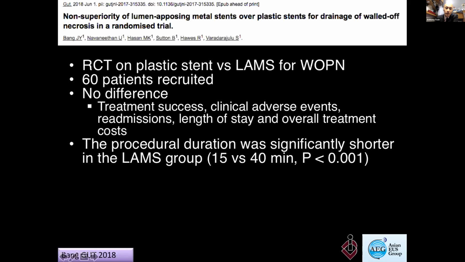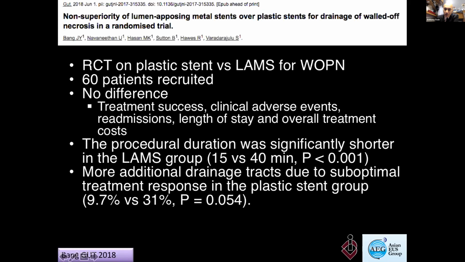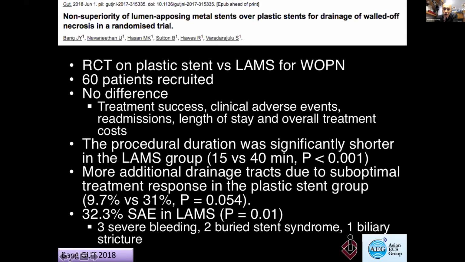But in the trial, they were only able to show that the procedural duration was shorter in the LAMS group. More additional training tracks were required in the plastic stent group, but the complications were higher in the LAMS group. 3 were severe bleeding, 2 with buried stent syndrome, 1 was biliary stricture. So it might be quite alarming just looking at this outcome.